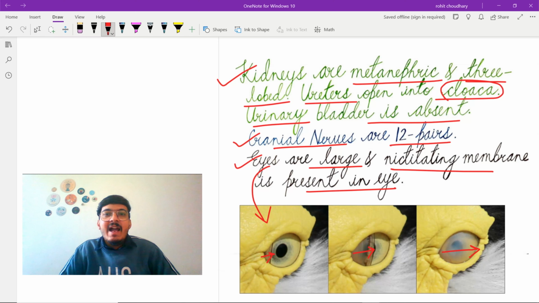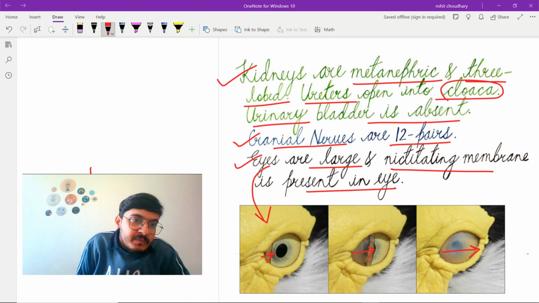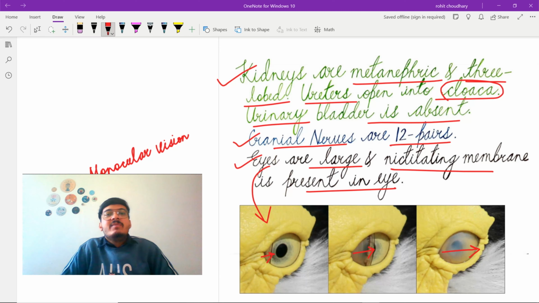They can see as much as 8 times better than we can, and birds have monocular vision. Monocular vision means they can scan two large areas, and most birds have eyes on the sides of their head, letting them see different things with each eye.